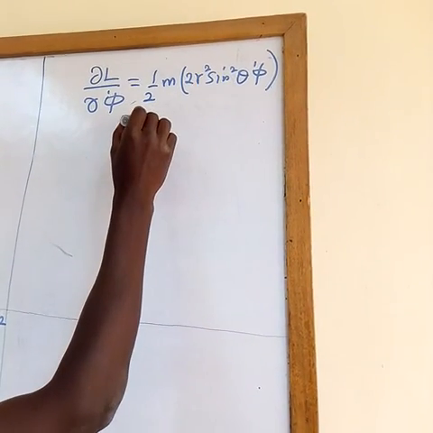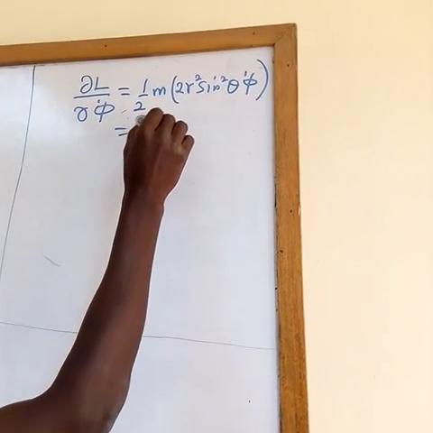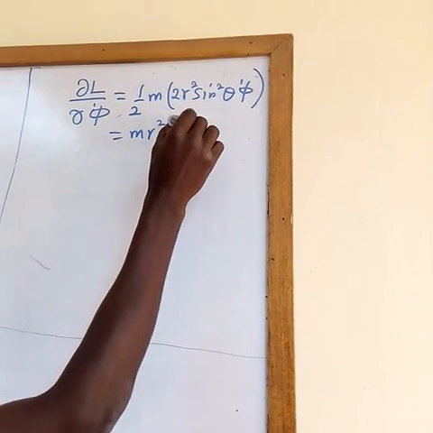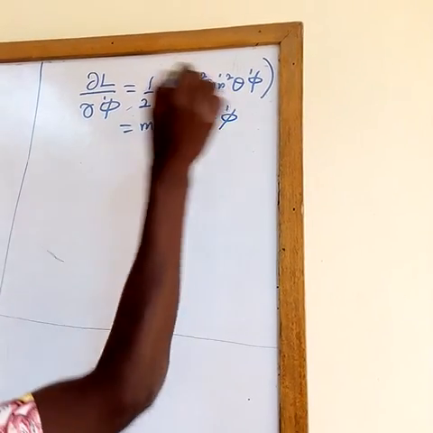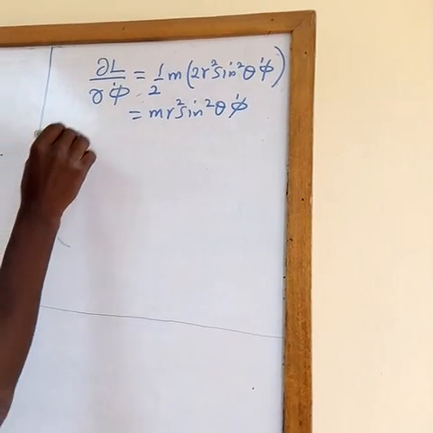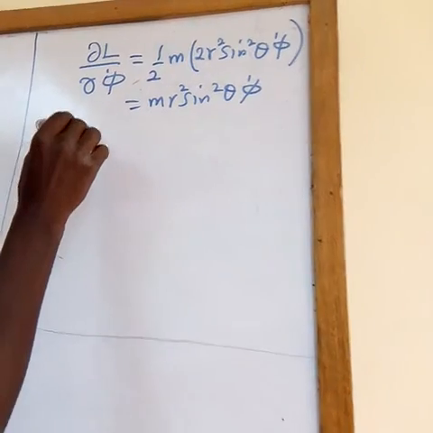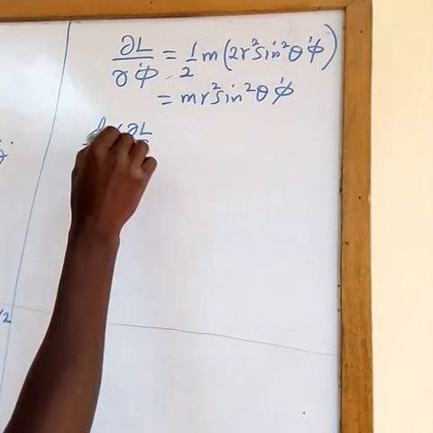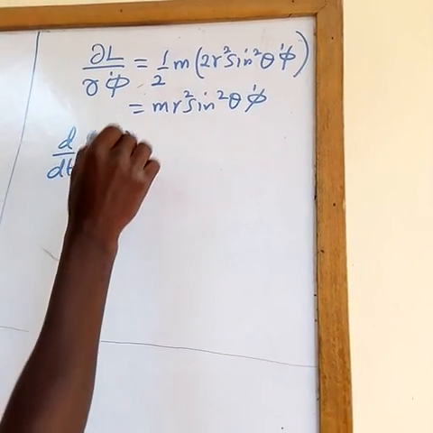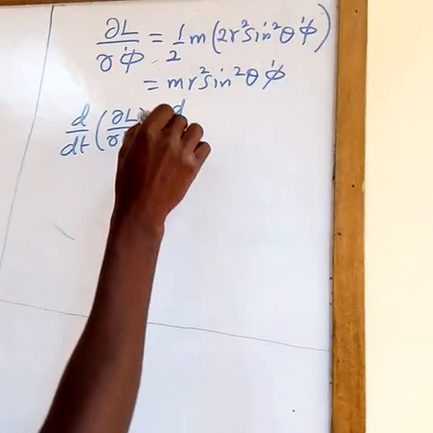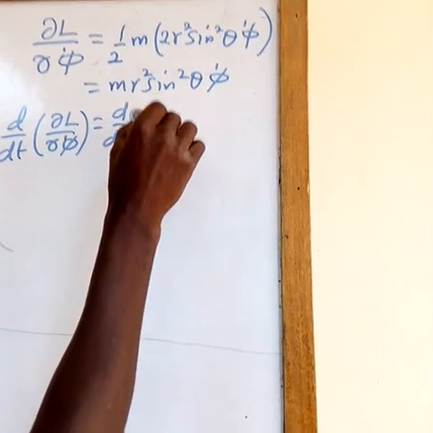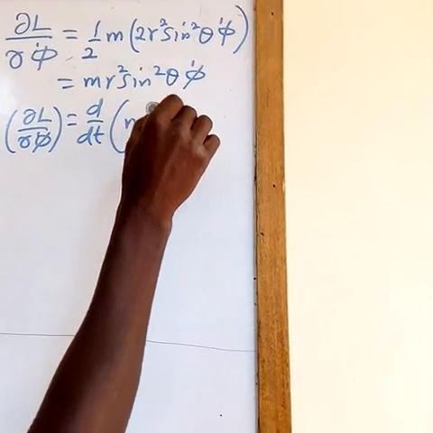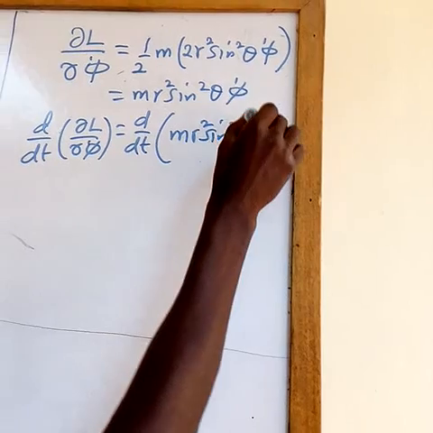So we are going to have m r squared sine squared theta phi dot. So what about d dt of this particular expression? It will be equal to d dt into bracket m r squared sine squared theta phi dot.